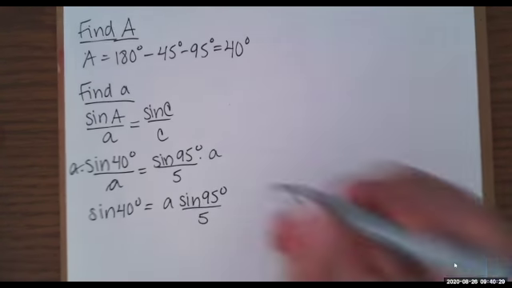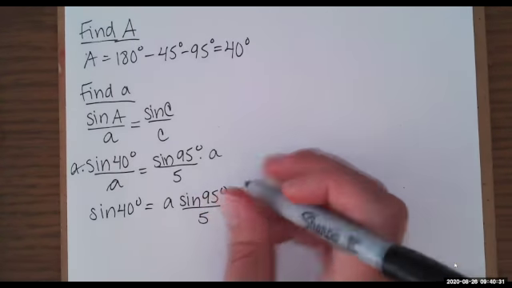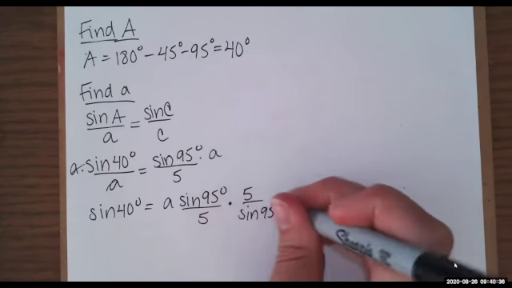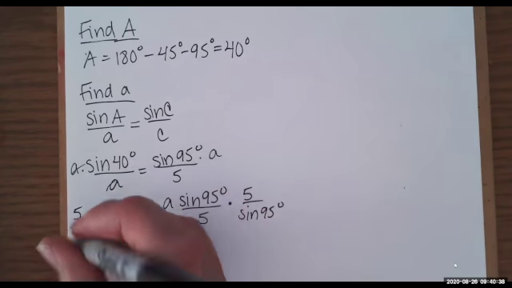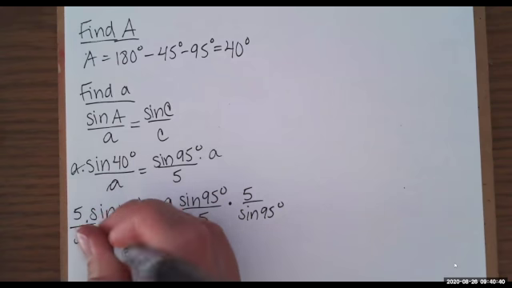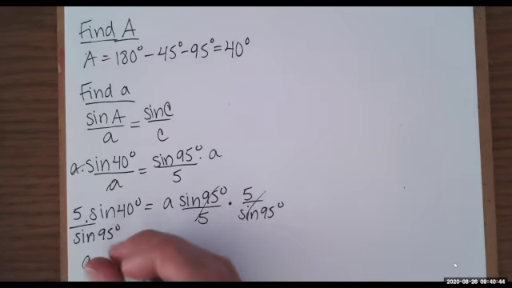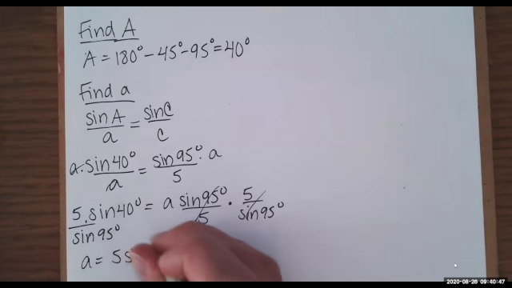I am trying to solve for A, so I want to get rid of this. This is just some number, so I'm going to multiply by the reciprocal here. These cancel. That gives me A is equal to 5 times sine of 40 over sine of 95.